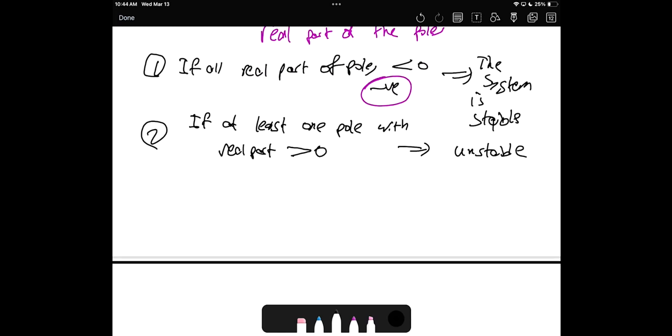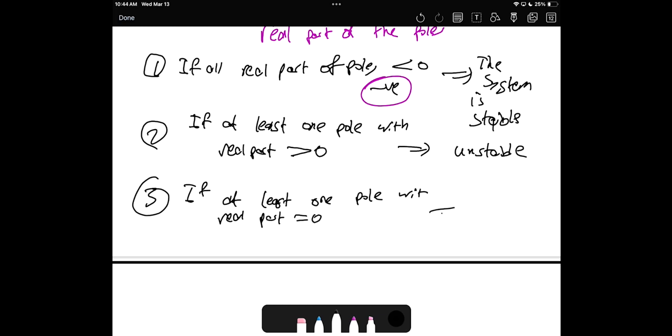Number 3: if at least one pole has a real part equal to 0, this is called marginal stability.